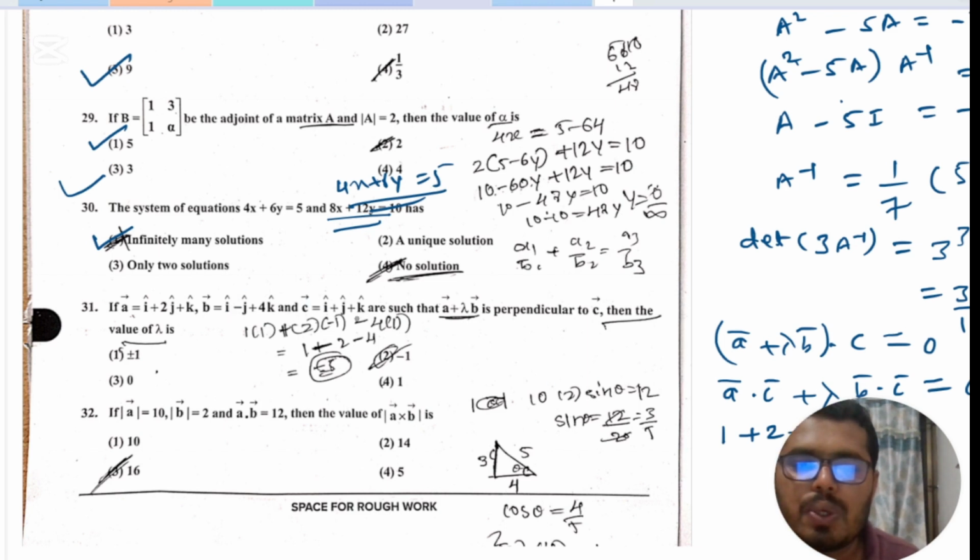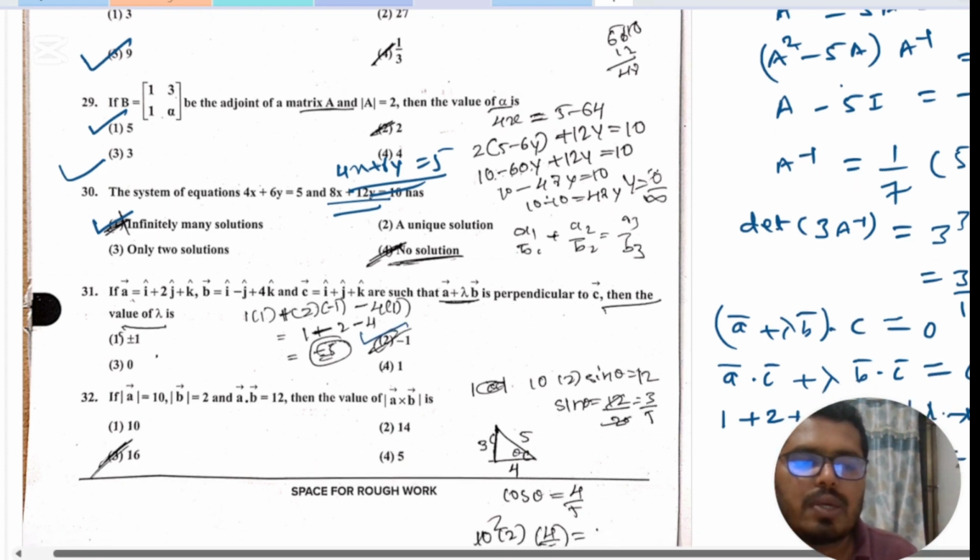It means 1 into 1, 1, minus 1 into 1 is minus 1, plus 4 into 1 is 4, equal to 0. Therefore, plus 1 minus 1 get cancelled. It is 4 plus 4 lambda is equal to 0. Therefore, lambda is equal to minus 1. Therefore, option number second is correct.